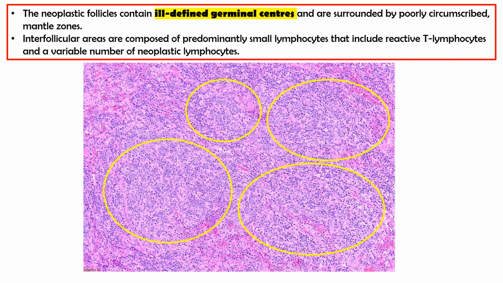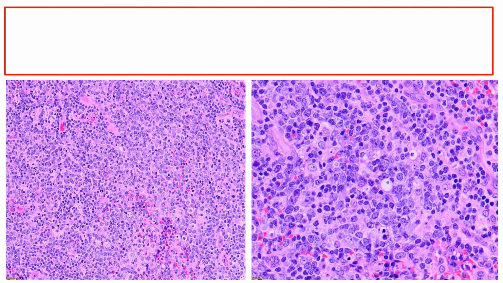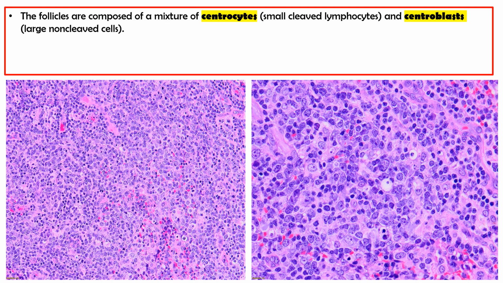Interfollicular areas are composed of predominantly small lymphocytes that include reactive T lymphocytes and a variable number of neoplastic lymphocytes. The follicles are composed of a mixture of centrocytes, small cleaved lymphocytes, and centroblasts, large non-cleaved cells.